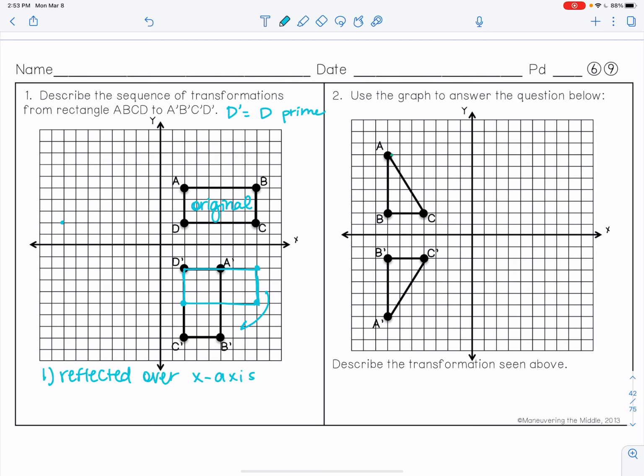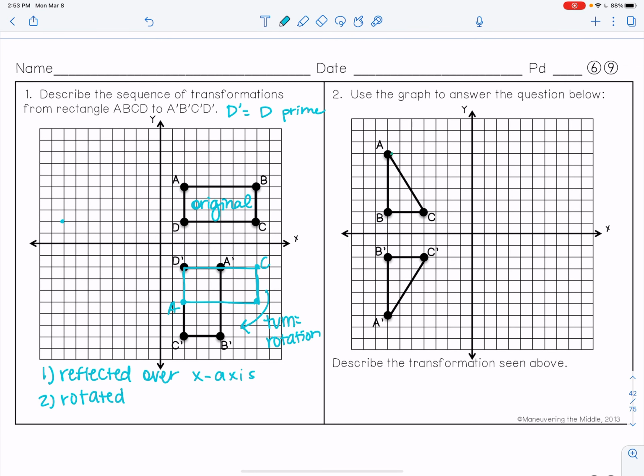So again, a turn is really called a rotation. So the second thing we did is we rotated our figure. Literally what's happening is we have our D and our C, our A and our B, and we're just rotating it. So instead of having it this way, we're trying to make it so that we have our A at the top here.